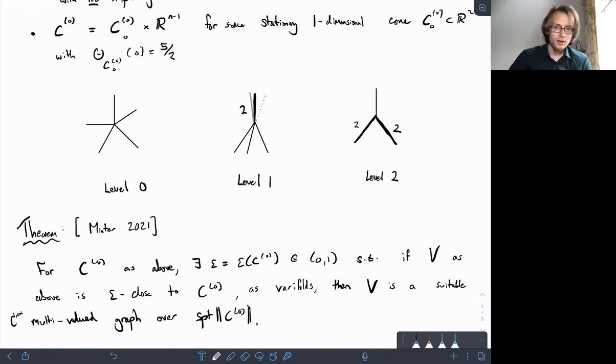I will go into more detail later, but essentially the idea is, for those who are familiar, when we take blow-ups of sequences of cones of the same level, so a sequence of level 1 cones converging to a fixed one, we'll get multi-valued harmonic functions, where the number of values depends on the multiplicity in the cone. So for a level 0 cone, we'll end up with single-valued functions because they're all multiplicity 1. And for a level 1 cone, we'll have a 2-valued piece.